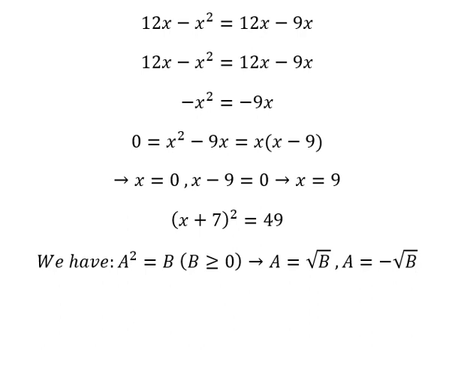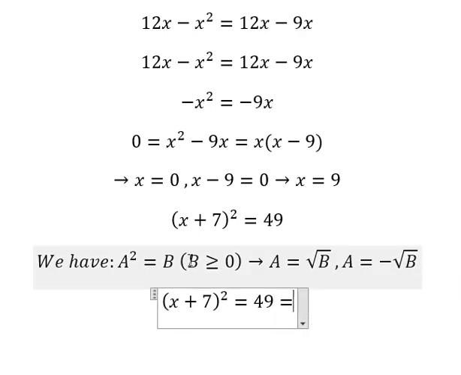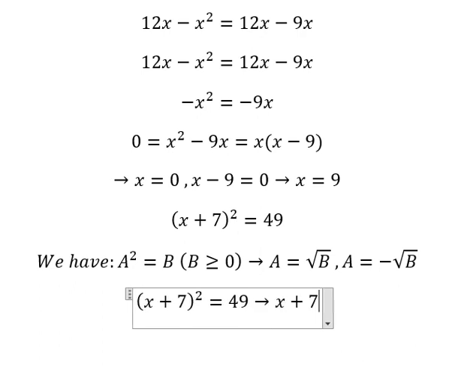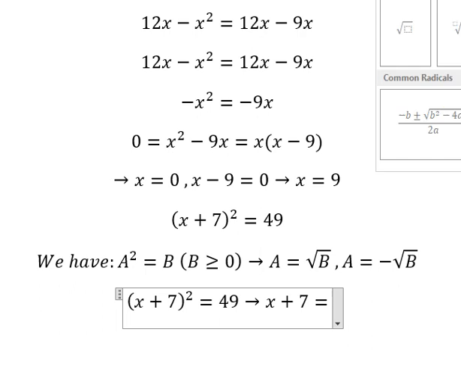So in this one, because 49 is positive, we will have x plus 7 equals to the square root of 49.